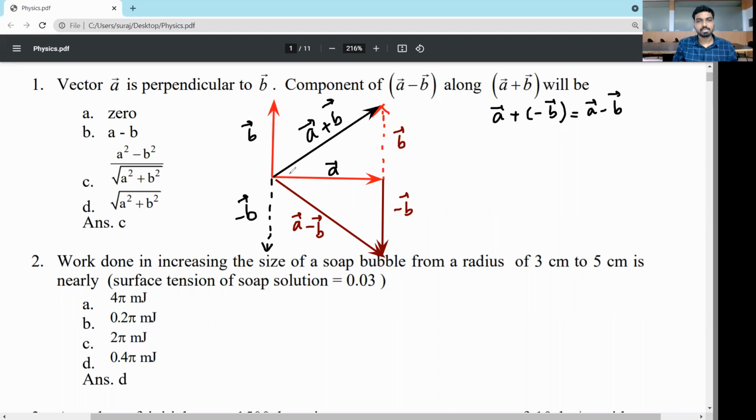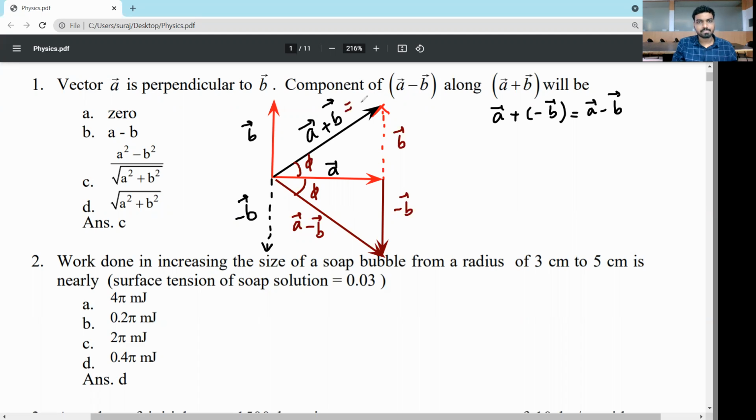If this angle is phi, this will also be phi only, right? So this component of A vector minus B vector along A vector plus B vector.